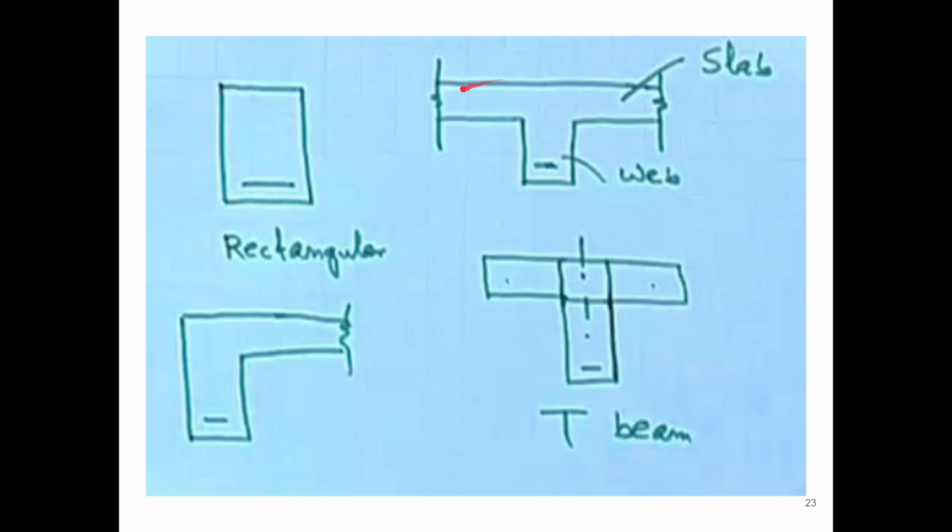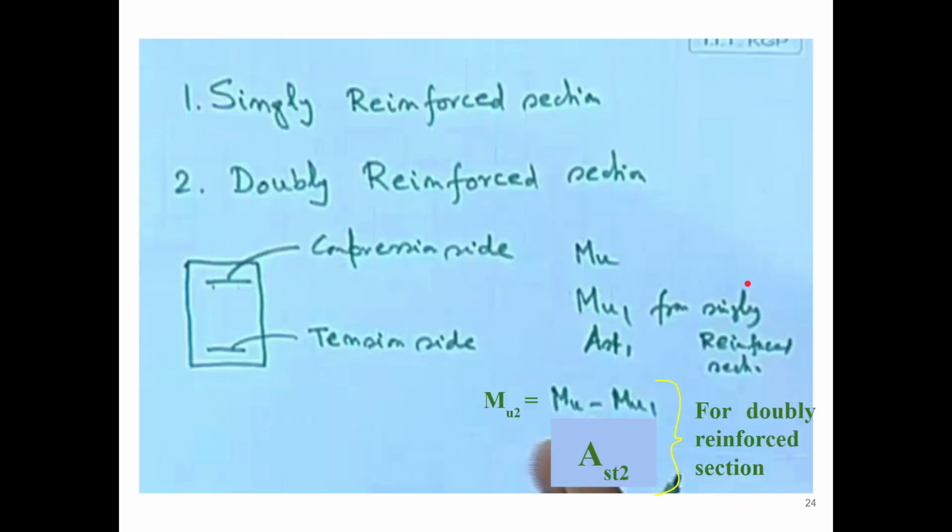But this is monolithically constructed, so you can feel like it is one structure only. Although it is two different sections, it is behaving at this part as a single section. That is nothing but the flange section, right? We'll be discussing it in the coming slides.